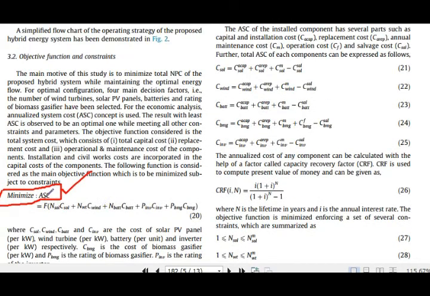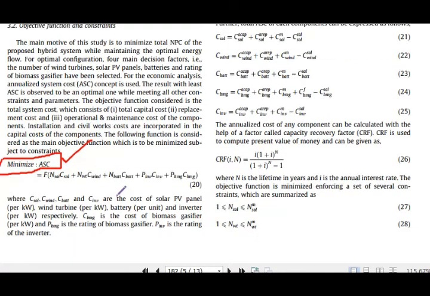So in this case, our annual system cost is our fitness function in this off grid system, and that will equal the solar cost, wind turbine cost, battery cost, inverter cost, and biomass or DG cost, whatever you have, that's your total cost.